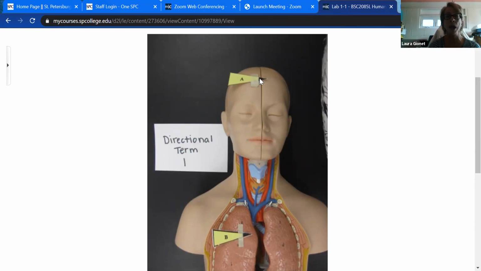So you have an A up here at the top of the head and the B pointing about the same midline point, but just further down. So if the question said A is what blank to B, we're looking for one of those directional terms. First, identify which pair of terms you're using. And this would be superior and inferior.